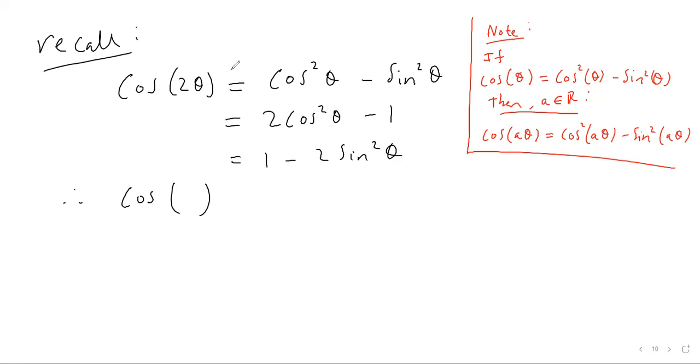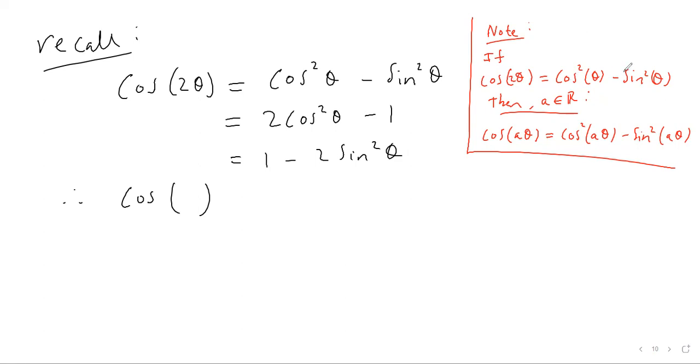If you haven't seen that video from yesterday, please check out the previous video in the playlist. Just a little note that I've done here up here in red. If cos 2 theta is equal to cos squared theta minus sine squared theta, sorry, I've missed out a 2 here, that should be a 2 there.